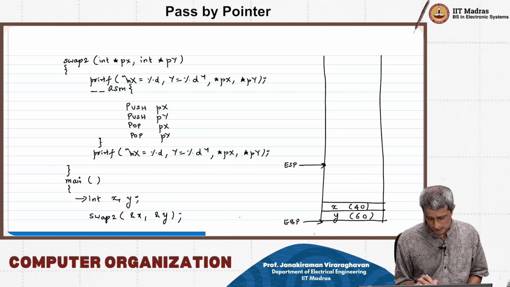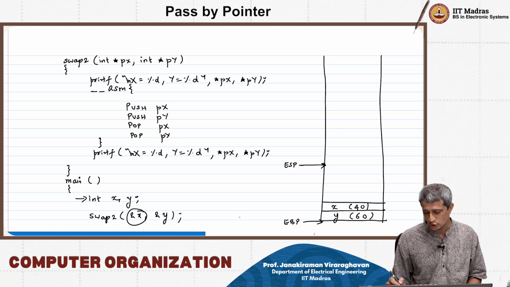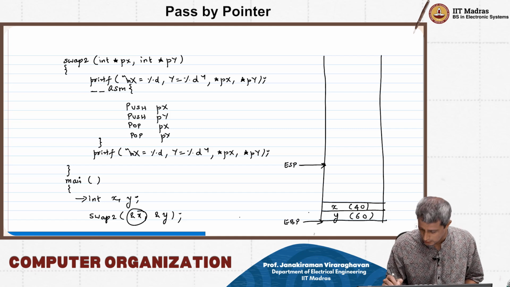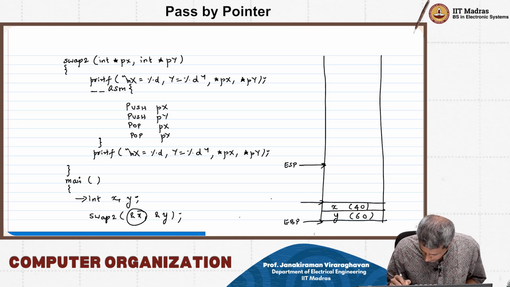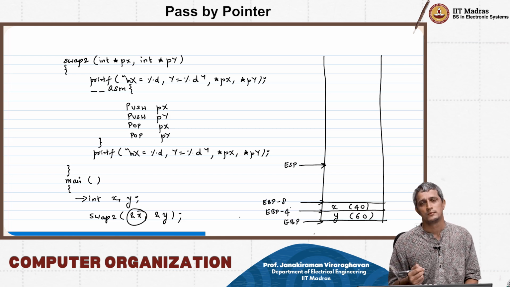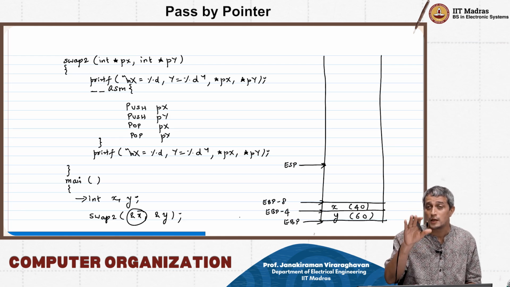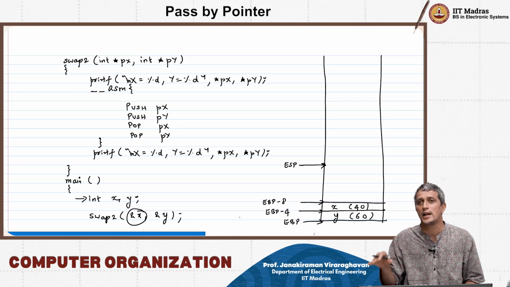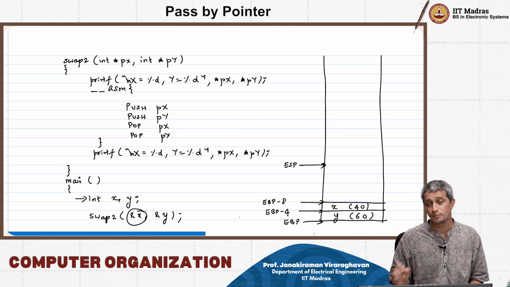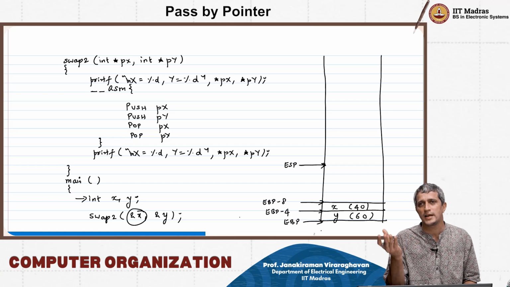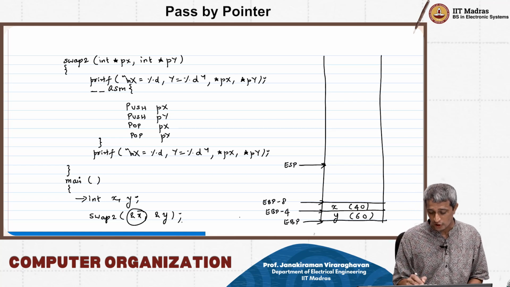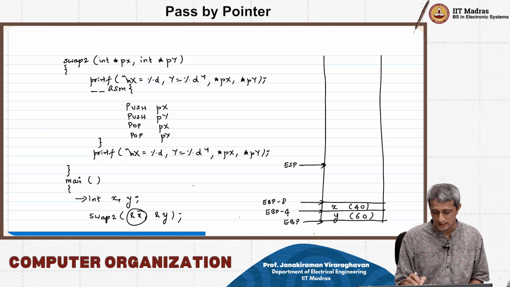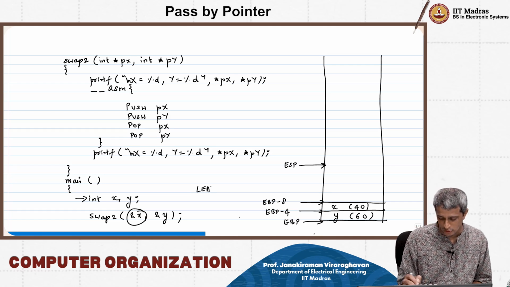So now how do you get %x? Actually %x is nothing but this EBP minus 8 or EBP minus 4, whatever, when EBP is pointing to the value sitting in main. Okay, so it's basically going to get the EBP minus offset thing. So the instruction that is going to give you that is this LEA instruction.